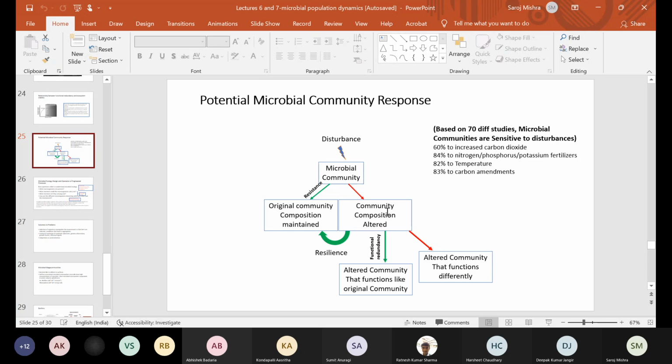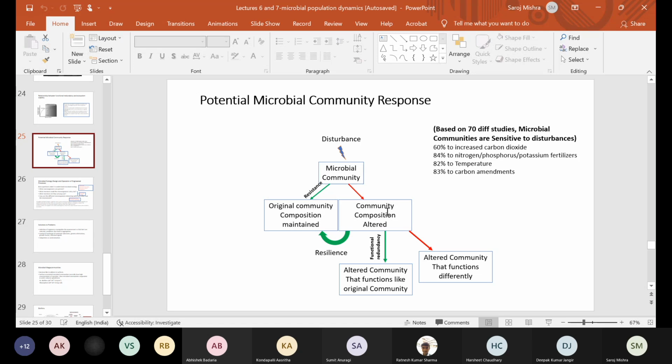But then, let's say there are 10 different species, as I was giving you the example last time, and all the 10 species are capable of degrading aromatic hydrocarbons. However, two of them are very sensitive to the pH, and their optimum pH is so much. The other 8 members of the community are not able to operate as effectively at that particular pH, but their law of tolerance is much more.